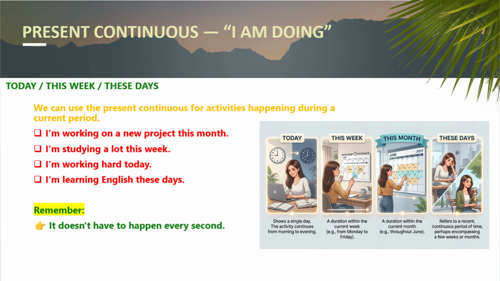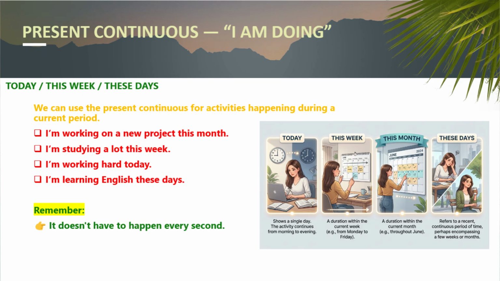It means that today is a period when you are working a lot. Maybe normally you finish work at 5, but today you have more work and you're staying late. You can also say, "I'm studying a lot this week." Maybe you're preparing for an exam.